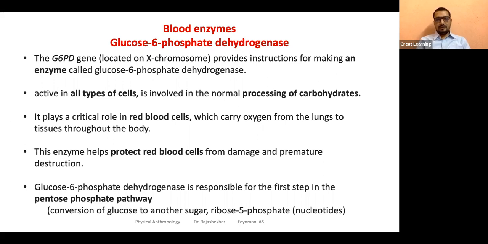So RBCs are actually protected by this enzyme. Some amount of damage or destruction can happen, and that can be addressed by glucose 6-phosphate dehydrogenase. So it helps in protection of RBCs, which play an important role in the body.